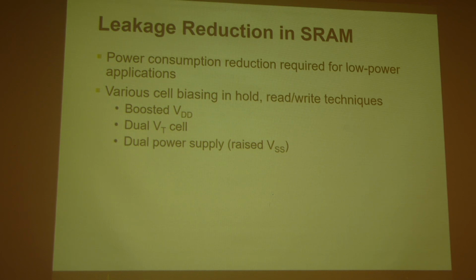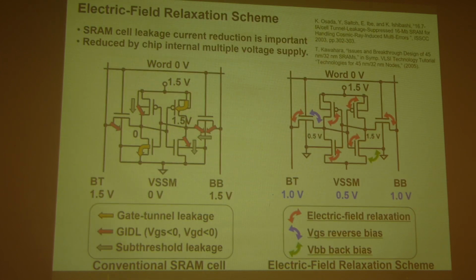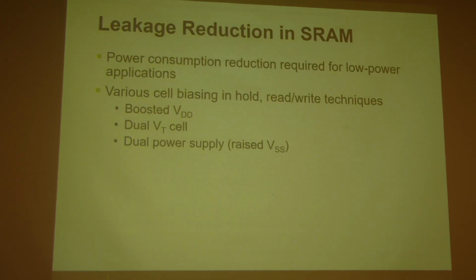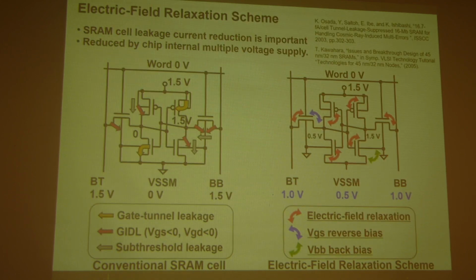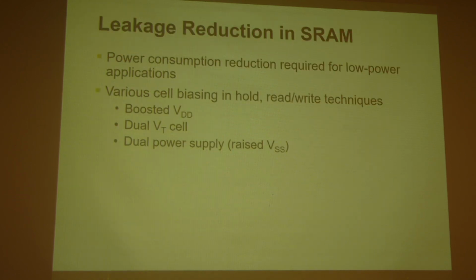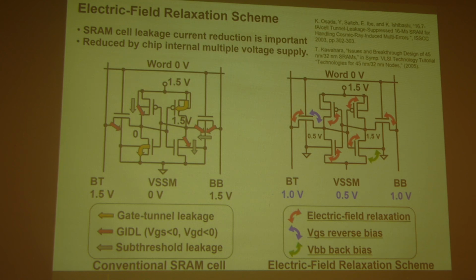So here we are going to discuss some techniques to minimize the leakage, let's say leakage reduction in the SRAM. The leakage is due to the VDS being non-zero for some of those transistors.